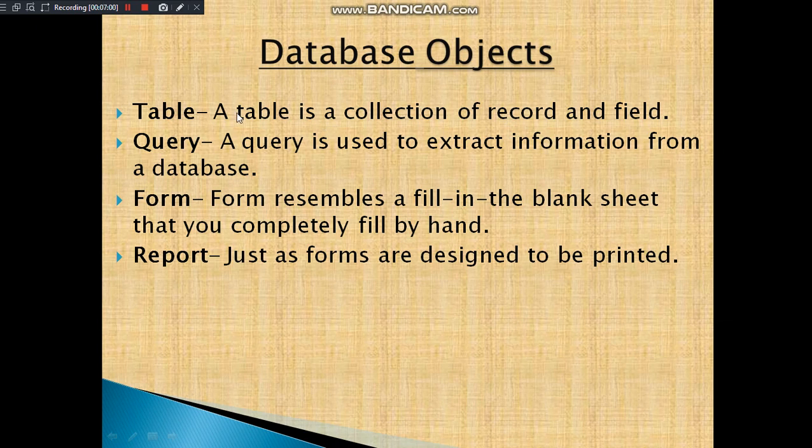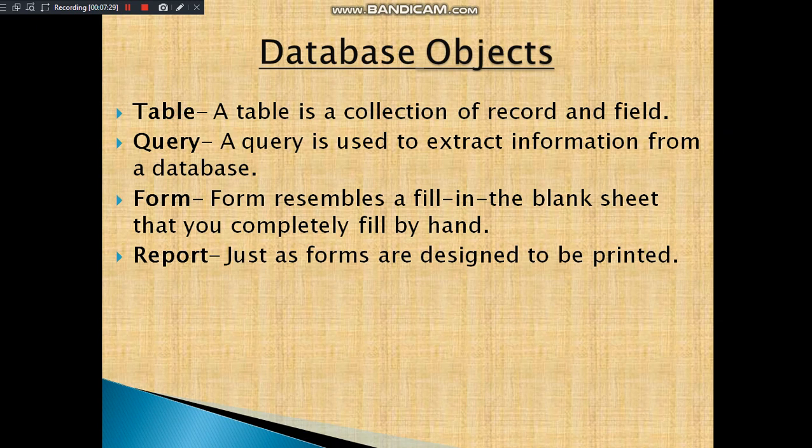So rather than saying a table is a collection of rows and columns, I'll say a table is a collection of records and fields. Why am I taking the table first? Because the table gives me some sort of relation amongst different tables. Here we are going to make relationships, but it is another part, so we will not focus on that now.